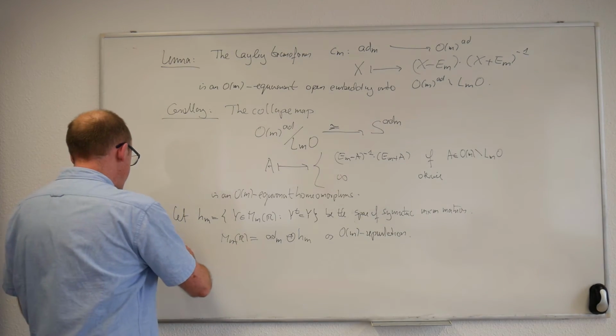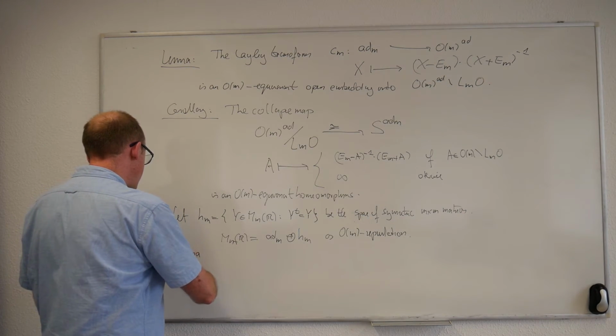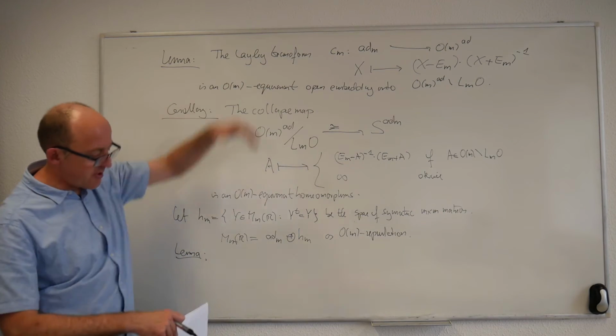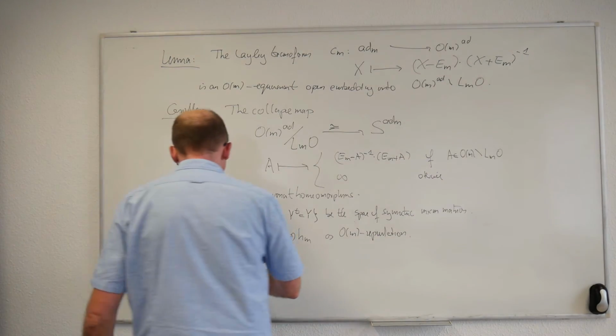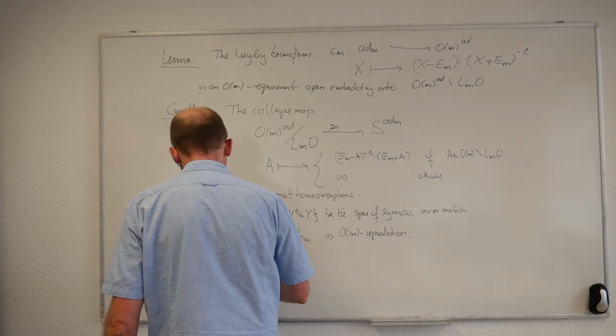The next lemma is similar but slightly different to the lemma about the Cayley transform. It will eventually give us the splitting, the map in the other direction. Now we look at the following.